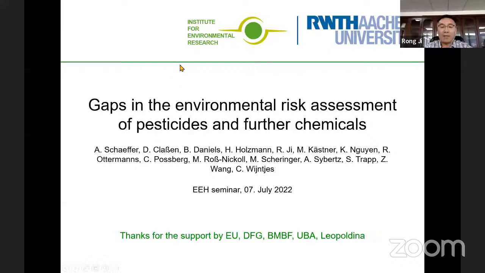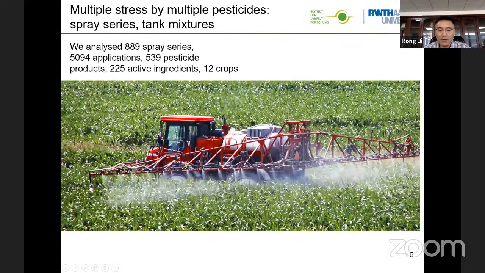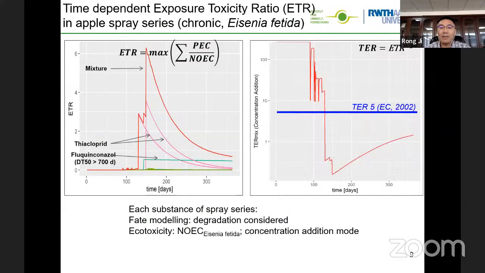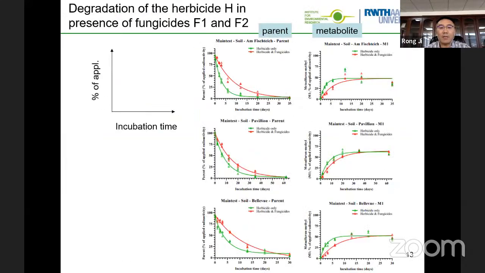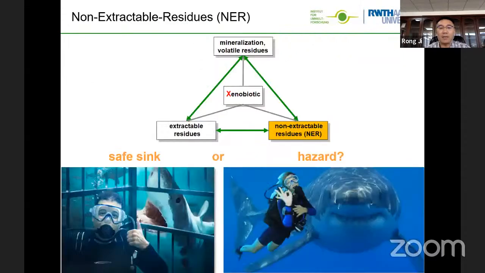So maybe I start the question. Andreas, you showed us the NERs, the non-extractable residues, the formation of the non-extractable residue, especially the type 1, is sequestration in humic acids and fulvic acids.